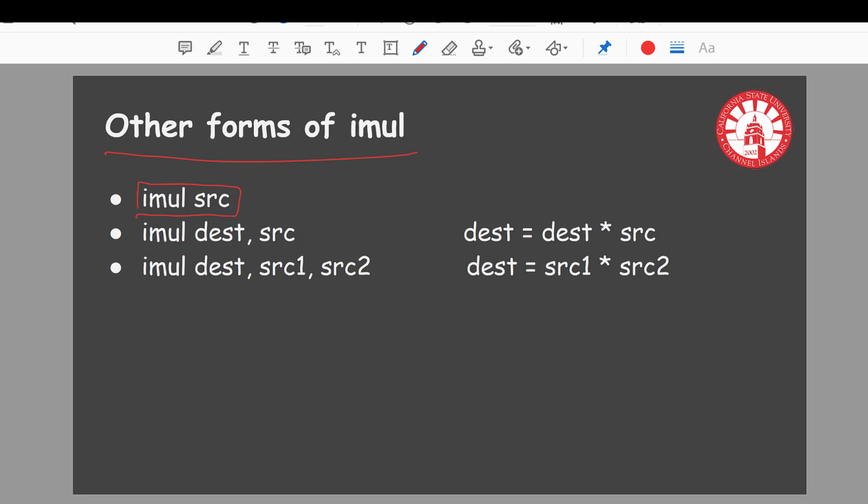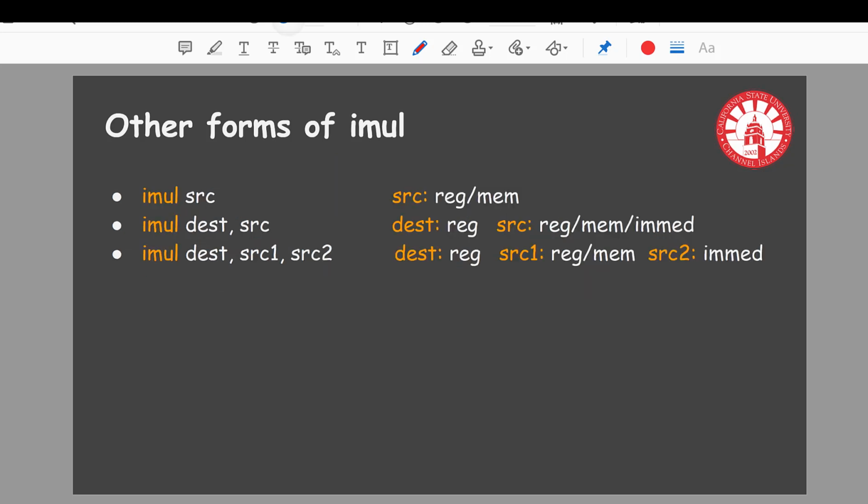And then we have imul with two operands, destination and source, where our destination register becomes the multiplication of the destination operand with the source operand. If we have three operands, then we have this form of multiplication: source 1 is multiplied by source 2, and the result is stored in the destination.